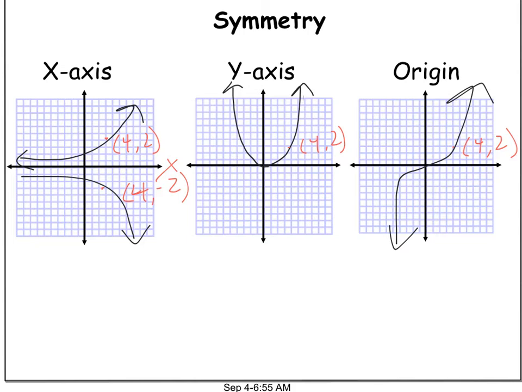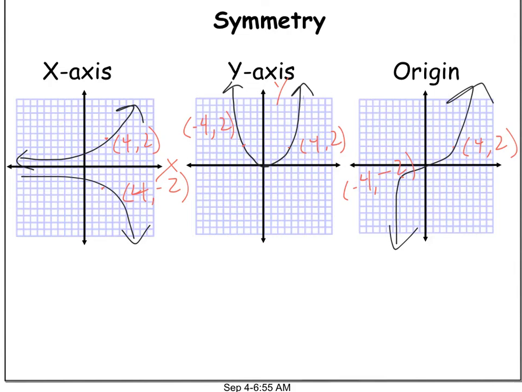Over here, over the y-axis, as I now head over to the other side, I have to go 4 units to the left, but it would still go through the y value of 2. And symmetry about the origin, I now have to go to the left, and I have to go down, but if it has that type of symmetry, it's going to be the same number of units.